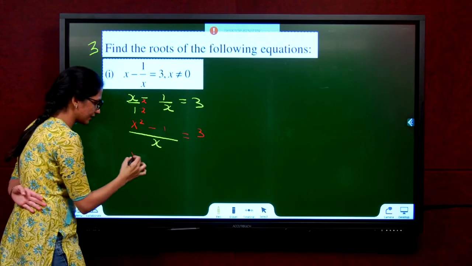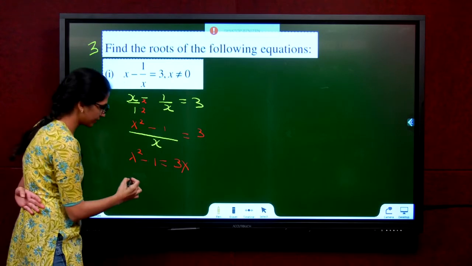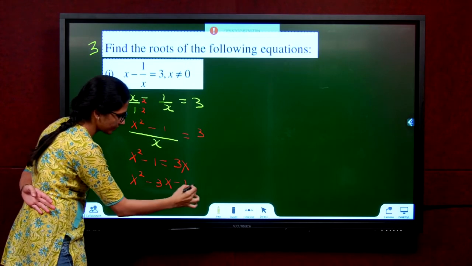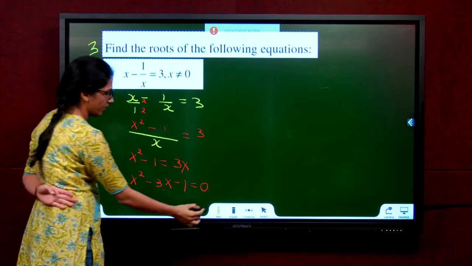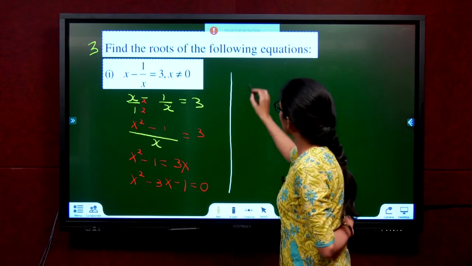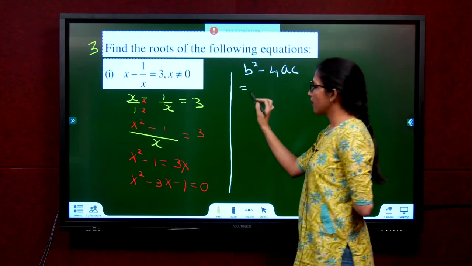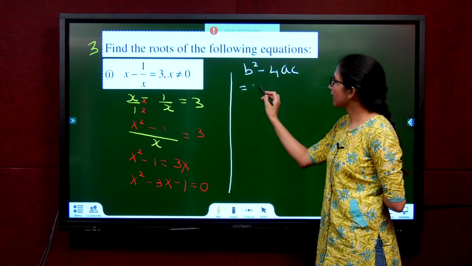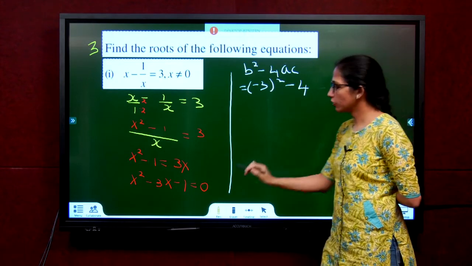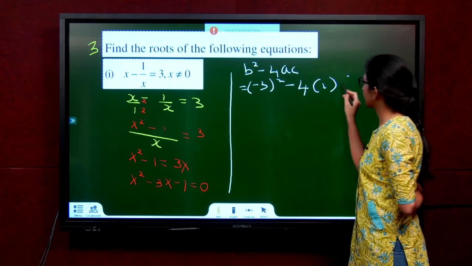Send the x that side. x square minus 1 is equal to 3x. Bring the 3x this side. x square minus 3x minus 1 is equal to 0. Now, first we use b square minus 4ac to check if the root exists. b square, minus 3 the whole square, minus 4 into a is 1, c is minus 1.